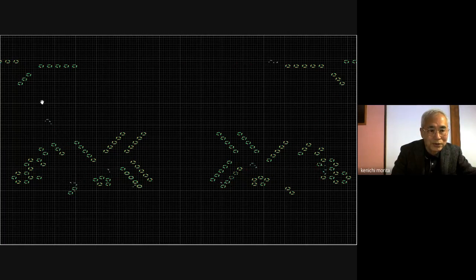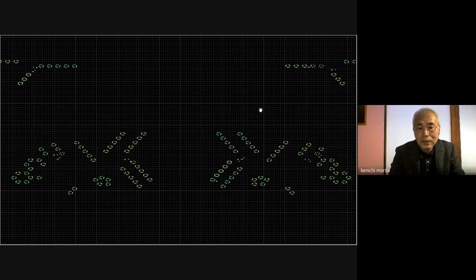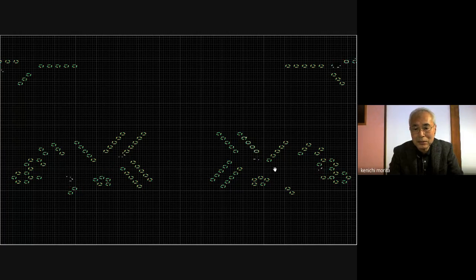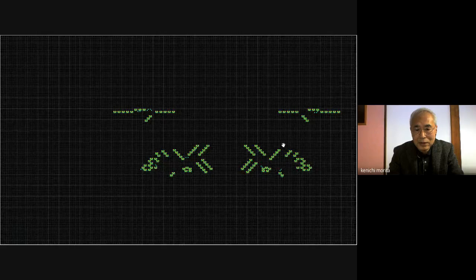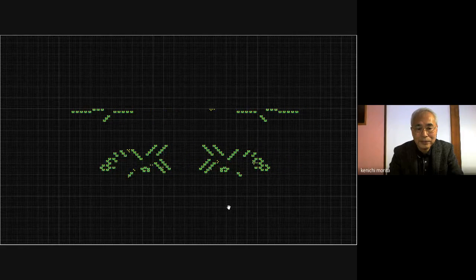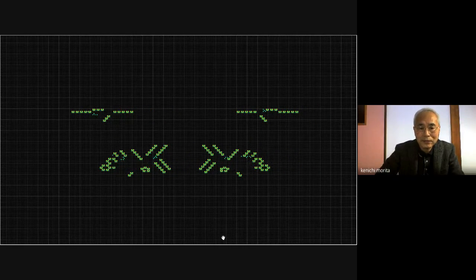From 2 to 3 are generated. On the right side, this glider is deleted, reversibly deleted. Therefore, it acts as a glider absorber.